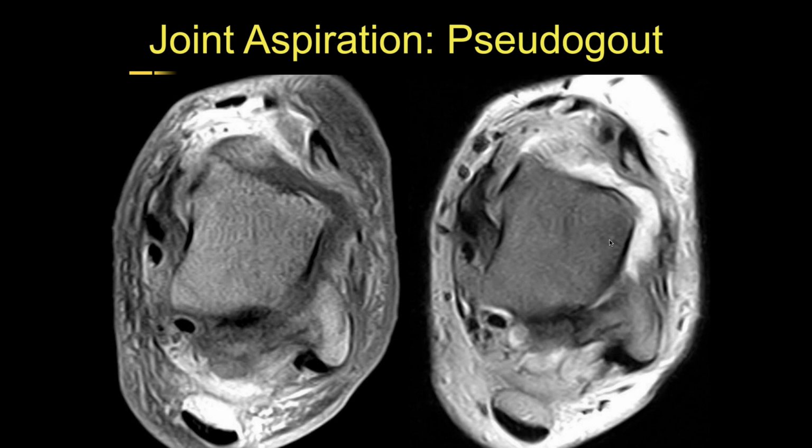Pseudogout is calcium pyrophosphate deposition. So what you see in it is flecks of calcium pyrophosphate rather than uric acid, and it can also produce inflammatory disease.